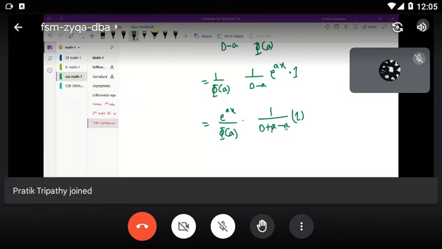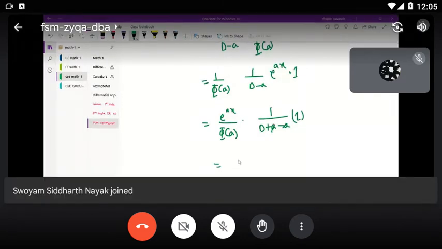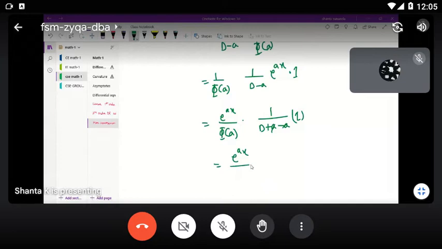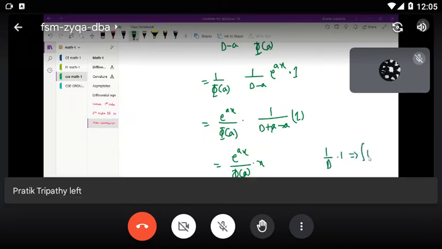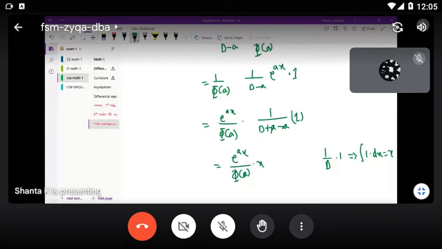Got it? So 1 by d is the inverse operator, so we will do the integration. 1 by d of 1, if you do the integration, you will get x. So here e power ax by phi of a, and this will be x, because 1 by d of 1 is nothing but the integral. Inverse operator of the differentiation is integration, the integral of 1 dx is x. So here we have the answer.